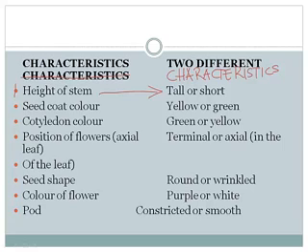For the seed coat color, some are yellow or green. For the cotyledon color, some are green while some are yellow. He discovered the position of the flower, axial or terminal.